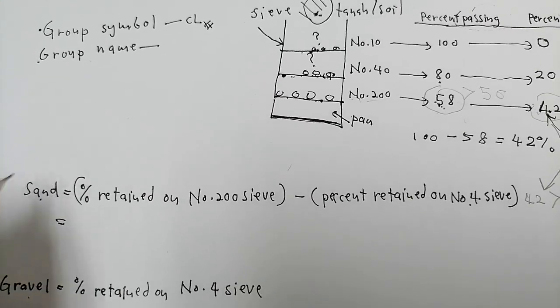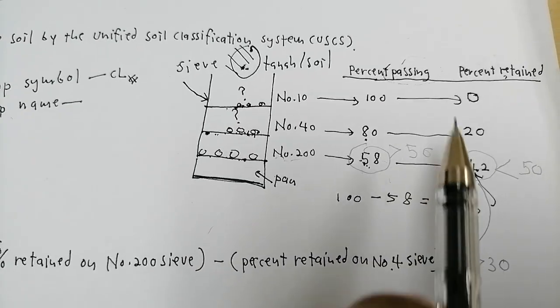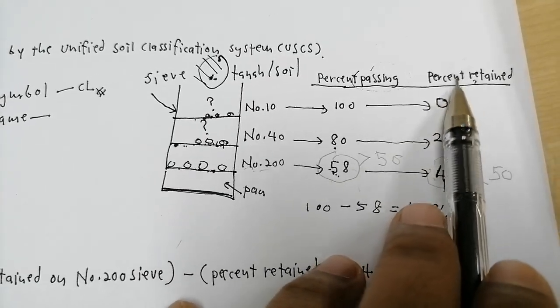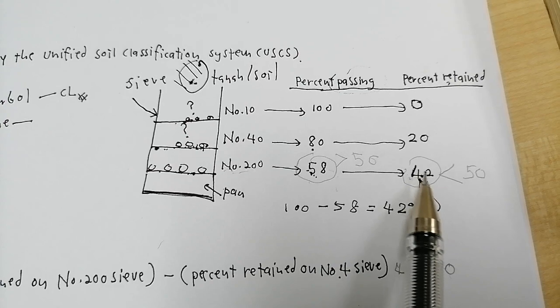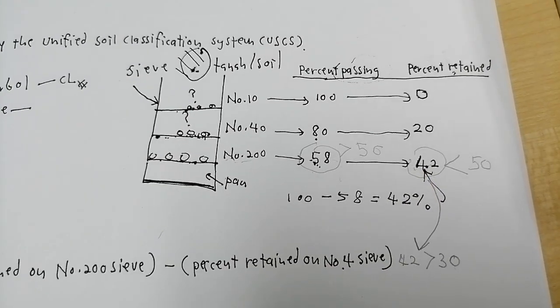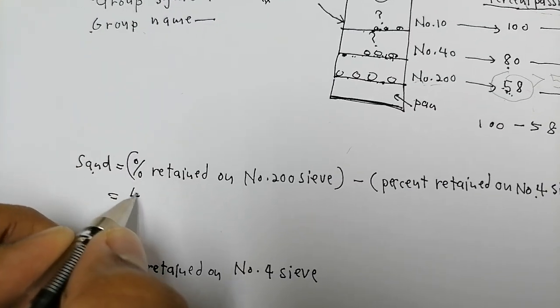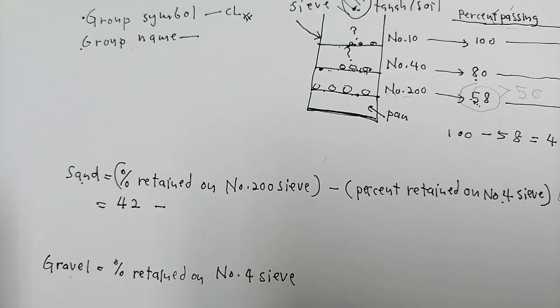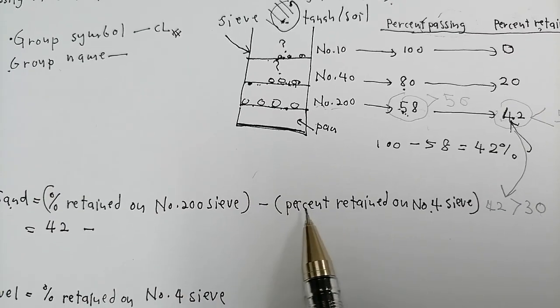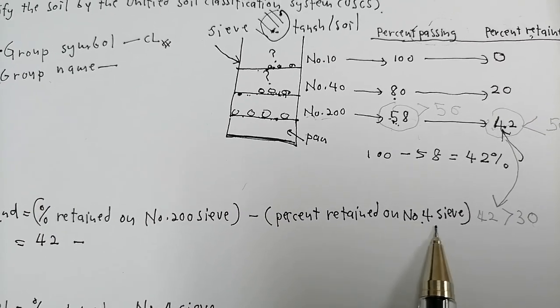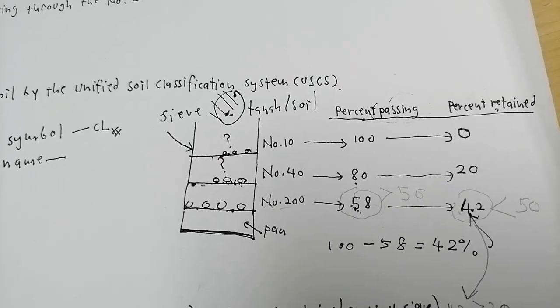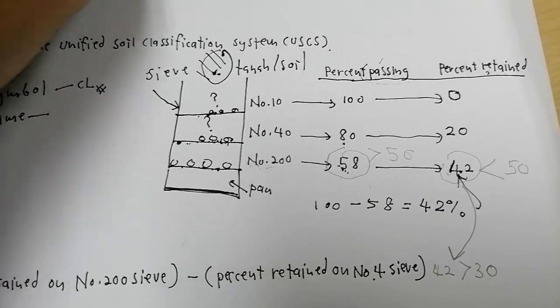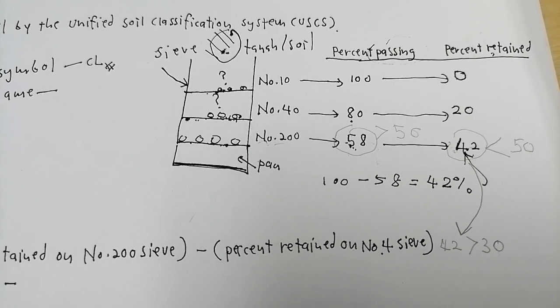So percent retained on number 200 sieve is 42. So we write here 42 minus percent retained on number 4 sieve. But hey, we don't have number 4 sieve.